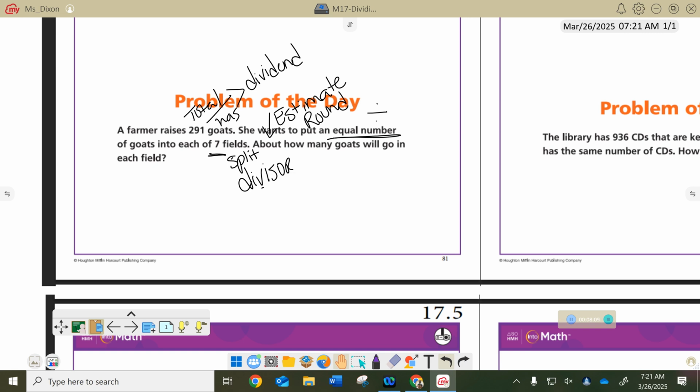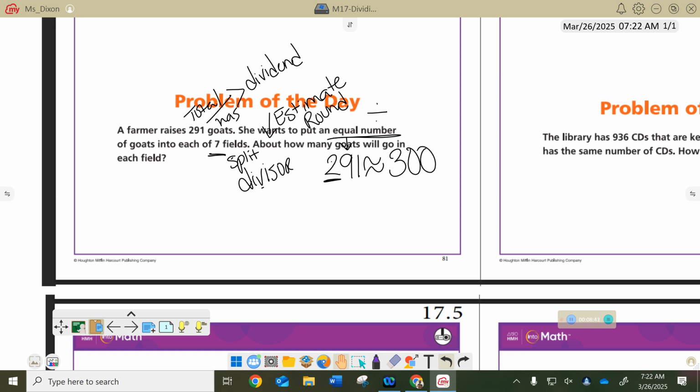Let's round our dividend and our divisor. So 291 is about 300. I'm going to round to the highest place value, the hundreds. That means I'm rounding the 2. I am talking to the 9. The 9 is telling the 2 to round up to a 3.